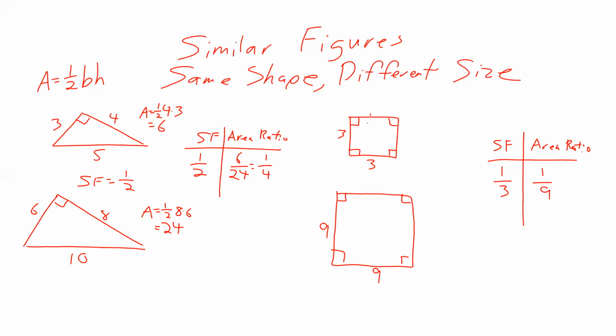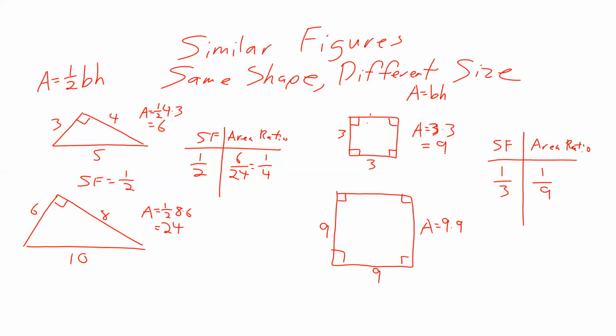So the area formula for a square is base times height. On this one, it's just 3 times 3. On this one down here, it's 9 times 9. So what's my area for the top one? 3 times 3 is?